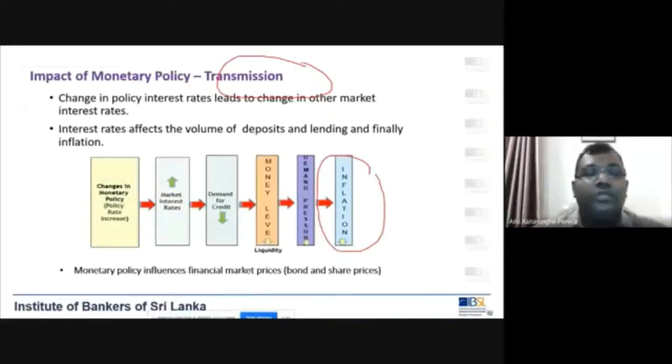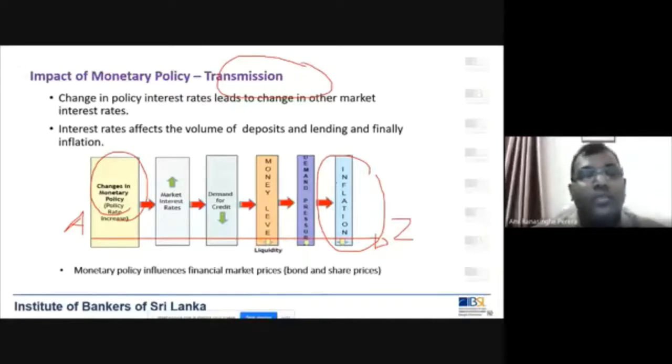So this is our monetary policy. This is the starting point. This is the ending point. Now from A to Z, there are a lot of steps. These steps are actually the transmission steps. For example, when the central bank is changing monetary policy, the market interest rates would change. When market interest rates are changing, demand for credit will change.